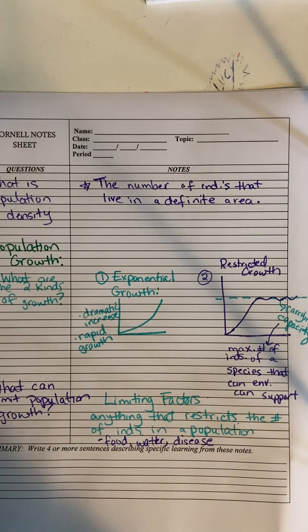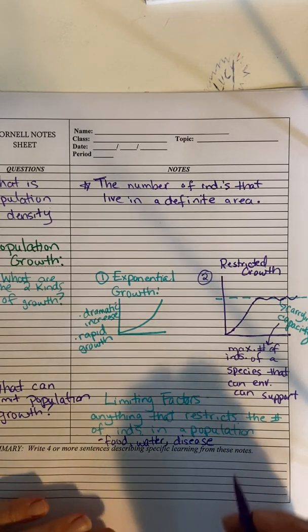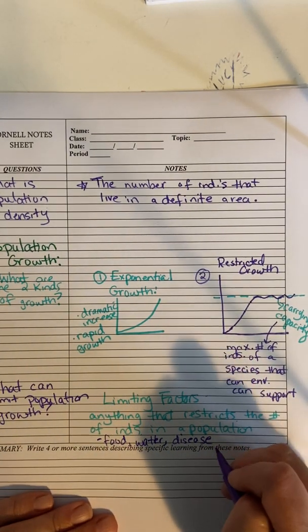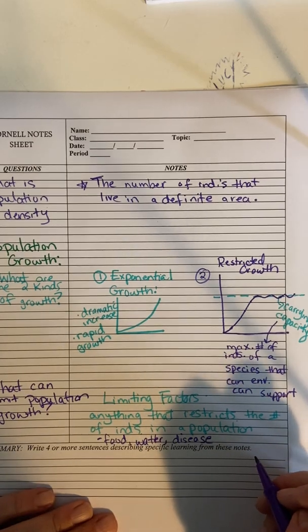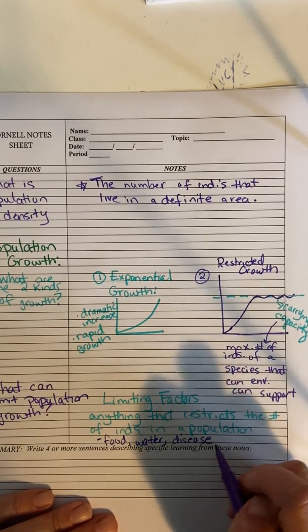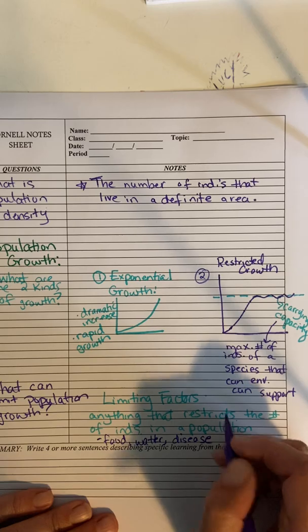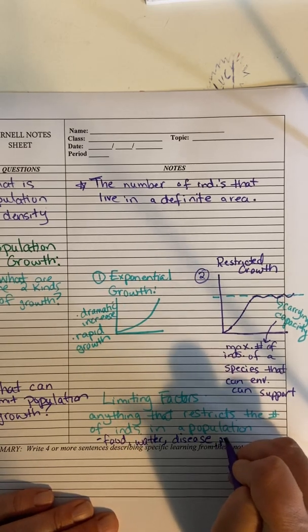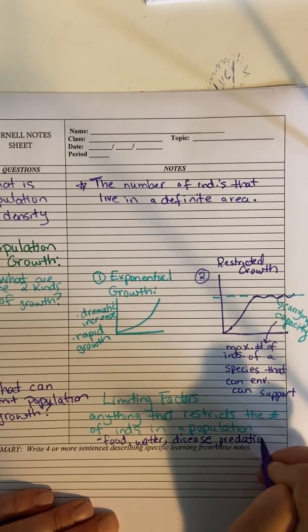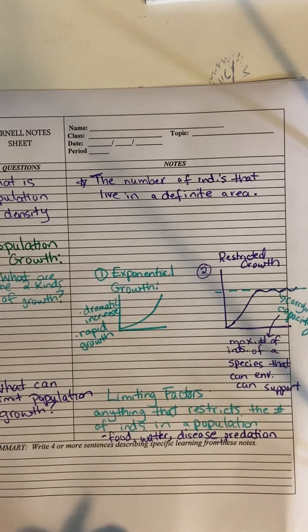A lot of evidence points to a fungus that gets passed around, causing huge population demise in them. We have a lot of trees around here that have had imported blights, chestnuts, elms, etc. Also predation though, right? And we'll talk about that in our next unit about predator-prey relationships.